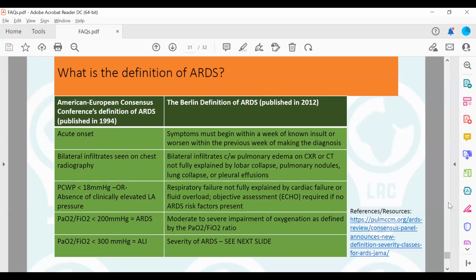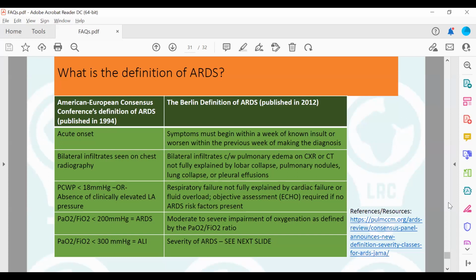The first one is the onset. Since when is this patient presenting this, the desaturation, the increased work of breathing?